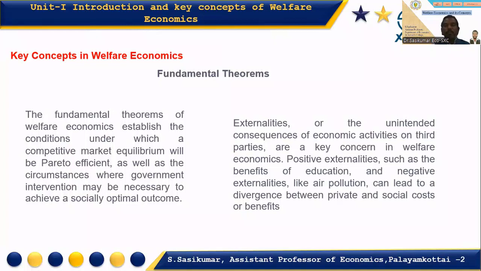Externalities are the unintended consequences of economic activities on third parties. That is, when we pollute or exploit the resources, how the third party will be affected. Either it is a positive externality or a negative externality. But negative externalities are more common, through pollution in various things in the society.